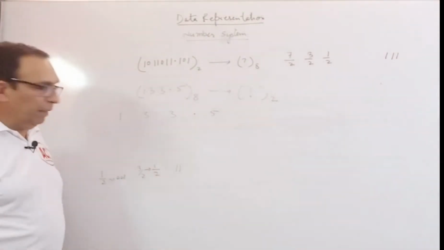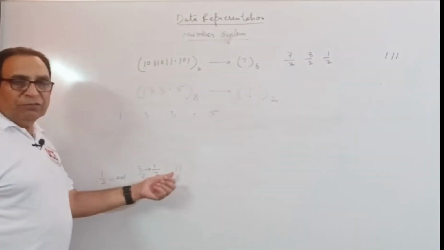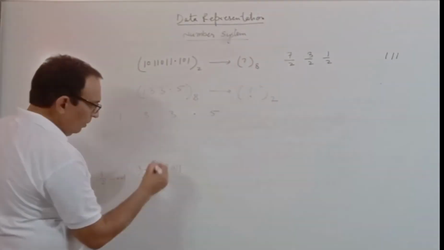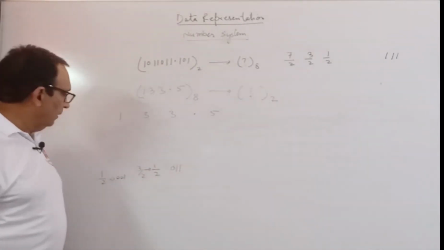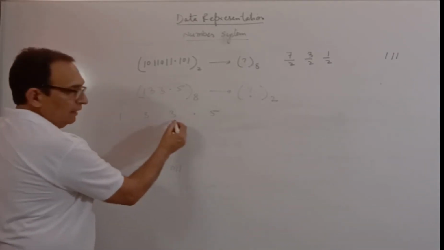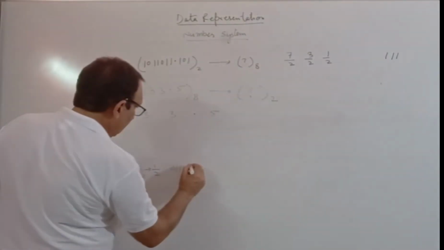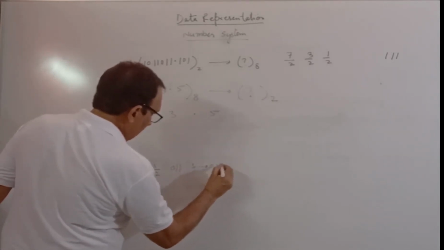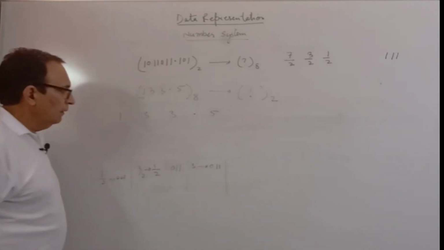Again the same thing is coming. It should be group of 3 binary bits. So to make 3 binary bits, you put 0 towards its left side. Now again this is 3 and equivalent of this 3 is 011, which you have seen yourself.